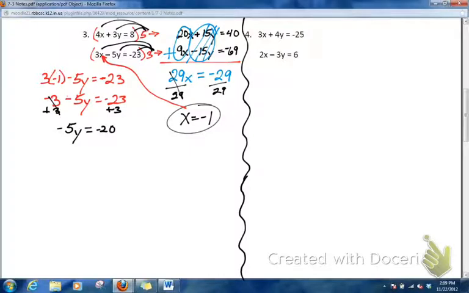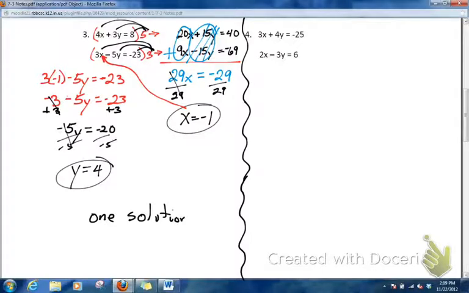Negative 5y equals negative 20. And divide by negative 5, y equals positive 4. So, again, I get a 1 solution answer, and that one solution is negative 1, 4.